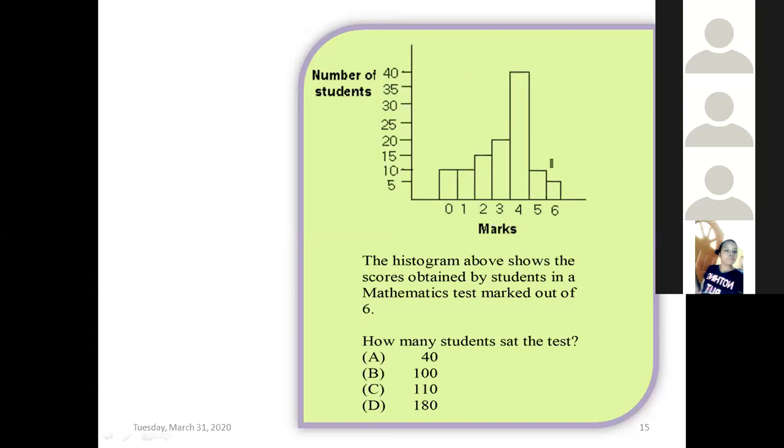All right, Zedford, how did you get the 110? 110 is actually correct. So I add up the frequencies: if 5 students get 0, then 10, 10 students get 1, and I continue adding.